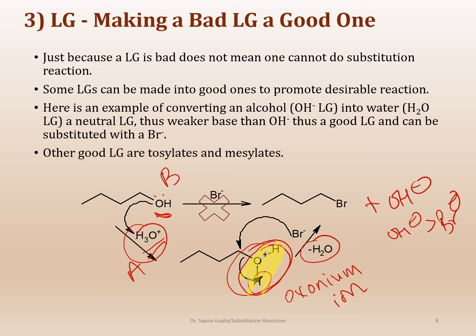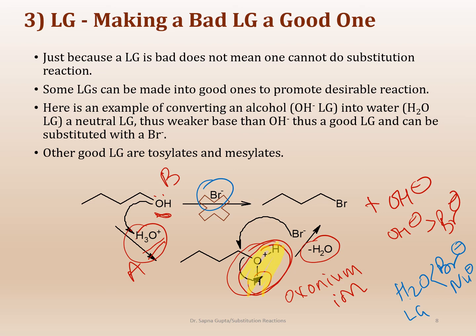So compared to bromide, okay, so water and bromide, because bromide is your nucleophile and water is the leaving group over here. So bromide is definitely going to be a better nucleophile than water, because bromide is negatively charged. So because it is negatively charged, it's a better nucleophile.